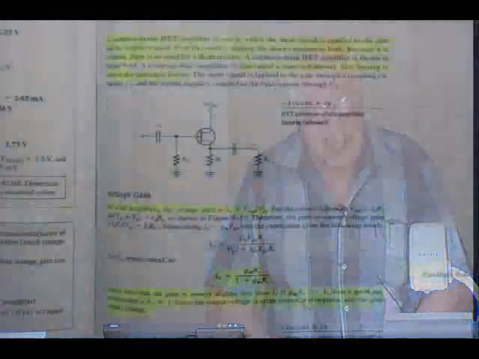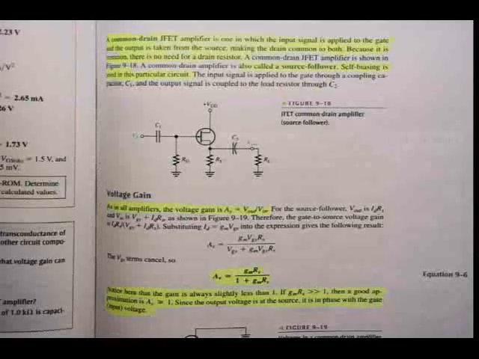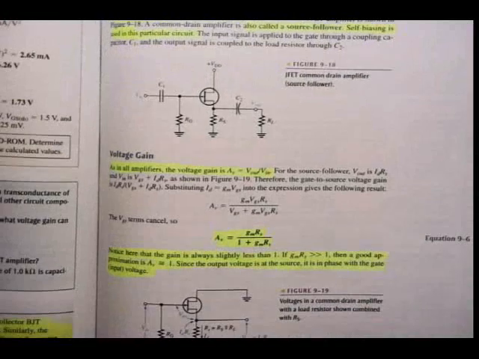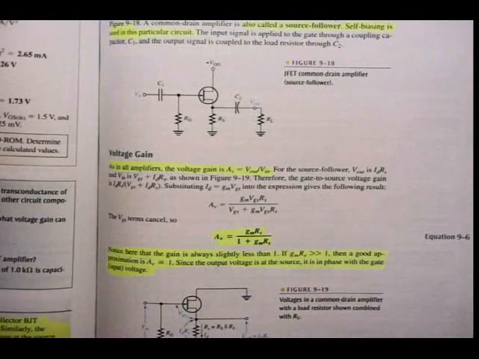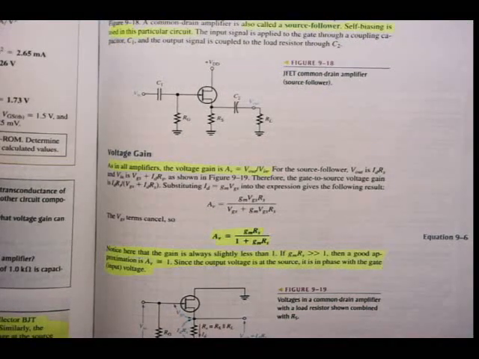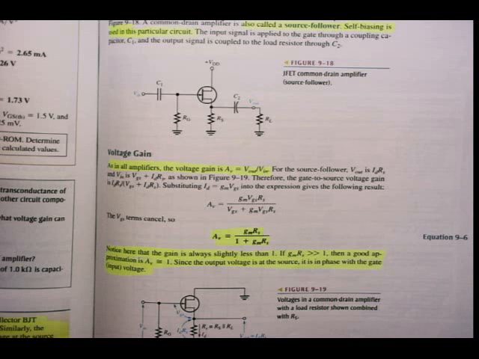As I said, it should sound all familiar because they are basically the same as for the BJTs that we've discussed. Anyway, a common drain JFET amplifier is one in which the input signal is applied to the gate, as we've seen, and the output is taken from the source, making the drain common to both the AC and DC signal. Because it is common, there is no need for a drain resistor.